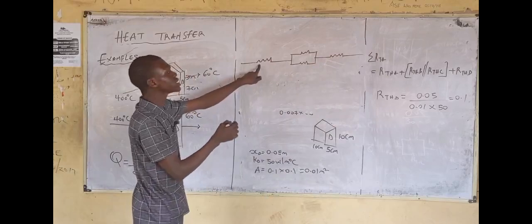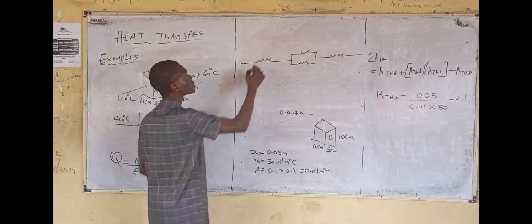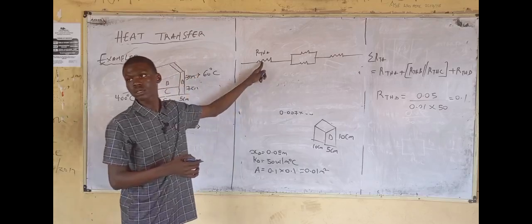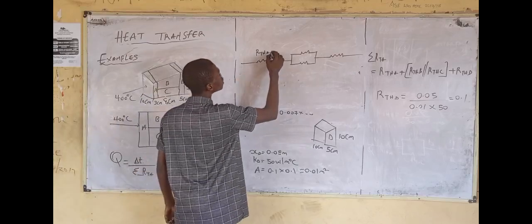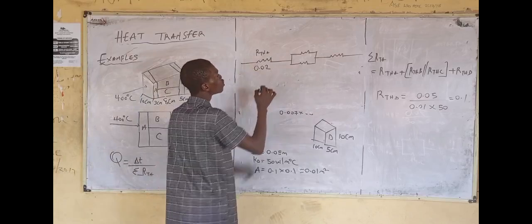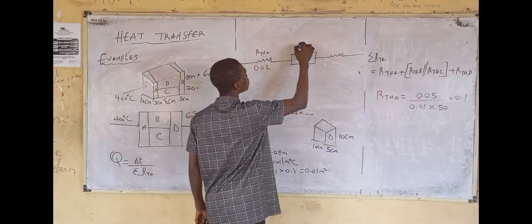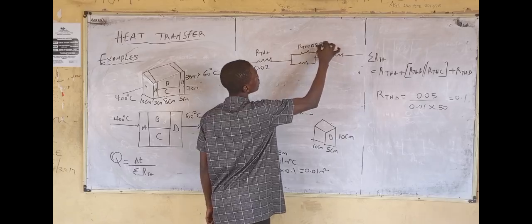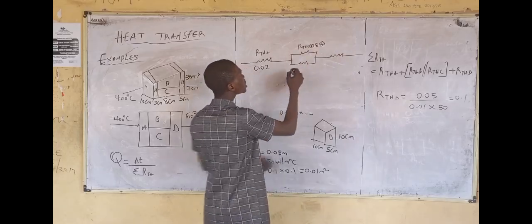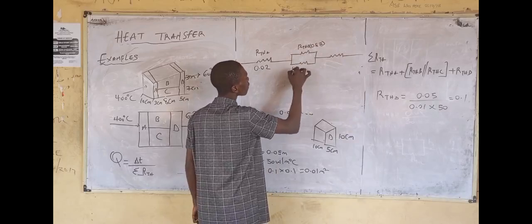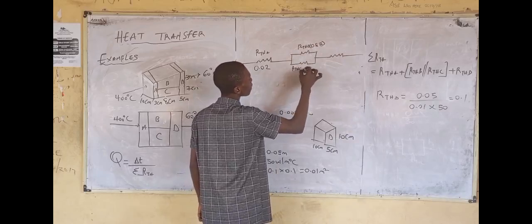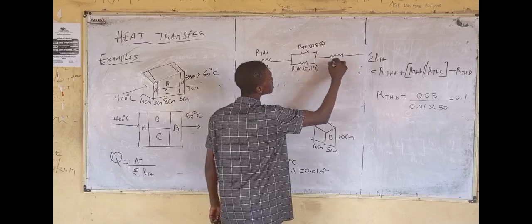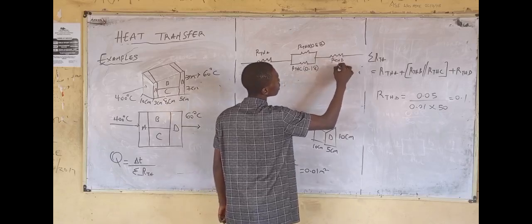This is thermal resistance of A, RTHA. What was the value we got? 0.02. RTHB, what's the value? 0.87. RTHC? 0.18. RTHD? 0.1.